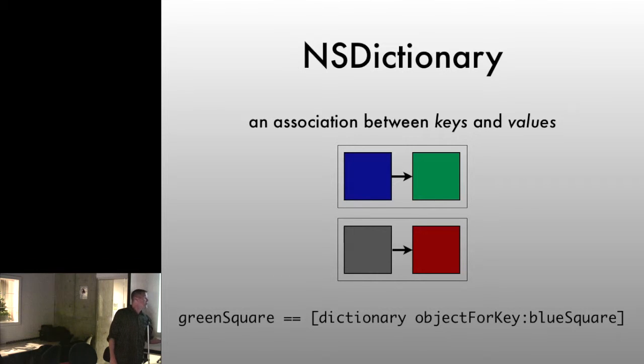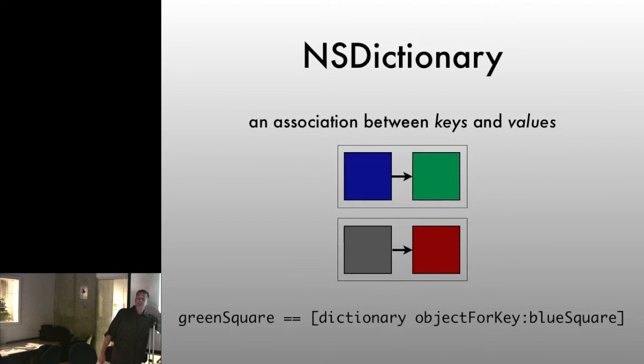In this case, what we're doing is we've got an NS dictionary already set up. Our keys are the objects on the left, so we've got a blue square and a gray square as our keys. The values that are associated with those keys are pointed to by the arrows, the green square and the red square.